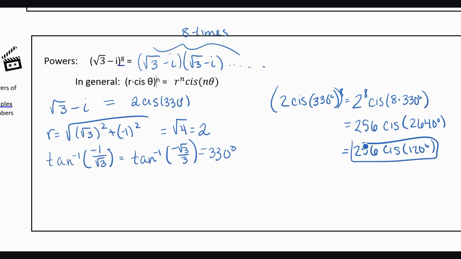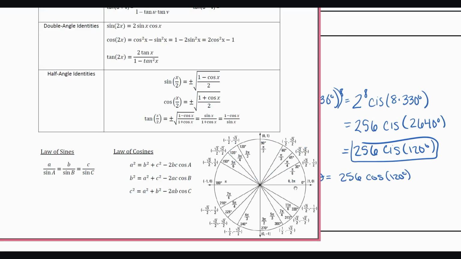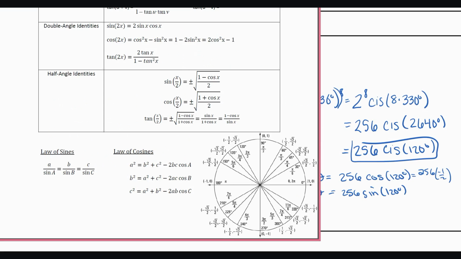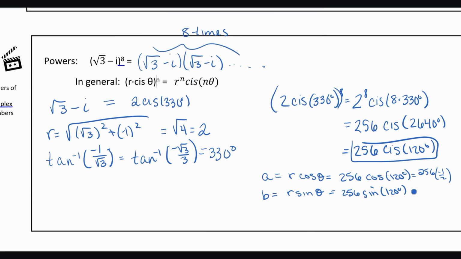Now, if you wanted that back in standard notation, remember a is equal to r cosine of theta. So we would have 256 cosine of 120 degrees, which we can get from our unit circle. That would be negative 1/2, so 256 times negative 1/2. And b will be r sine of theta, so 256 sine of 120 degrees, which is square root of 3 over 2.